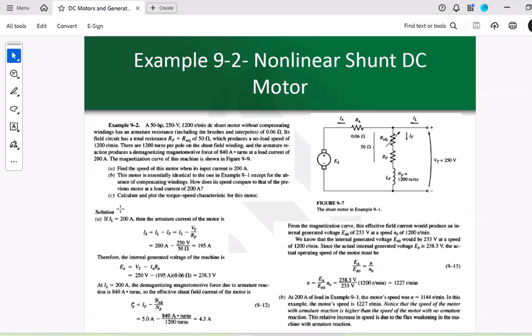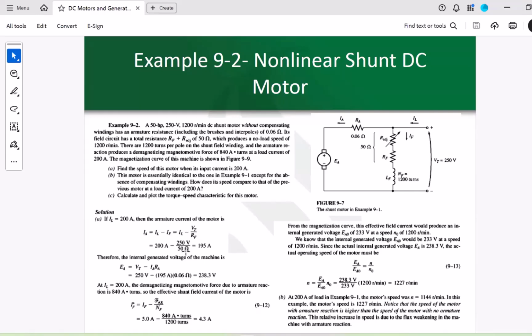So the solution is that if the motor's current is 200 amps, which means IL is 200, then the armature current should be found at 195 amps, okay? Which means that your EA should be 238.3. Now, we should also consider the demagnetization magnetomotive force. Although our IF, the current inside our field circuit, is equal to 250 over 50, which is how much? 5 amps.